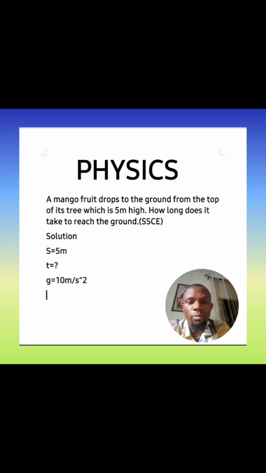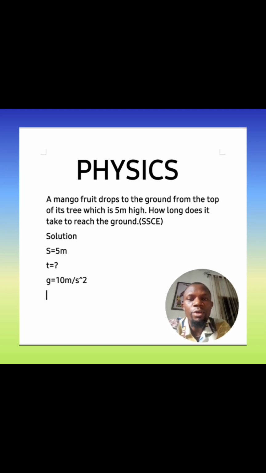When the object is moving up, the final velocity, which is v, at the peak point is always 0. And when the object is coming down, the initial velocity is what? 0. That's the only thing that is somehow technical in this question.